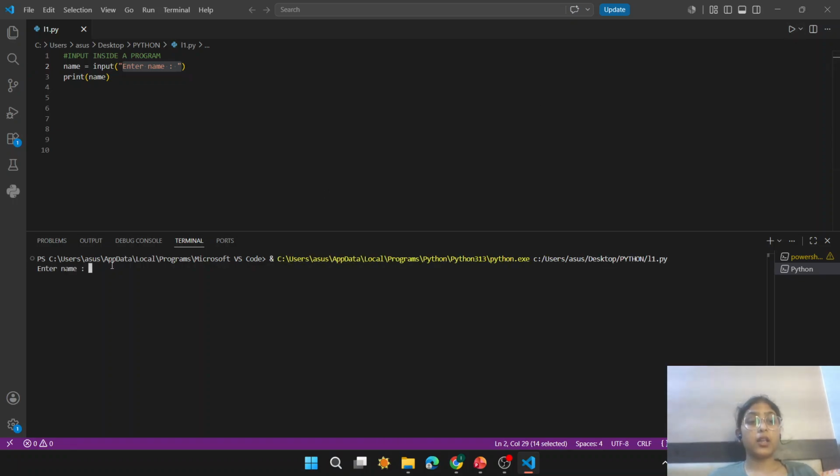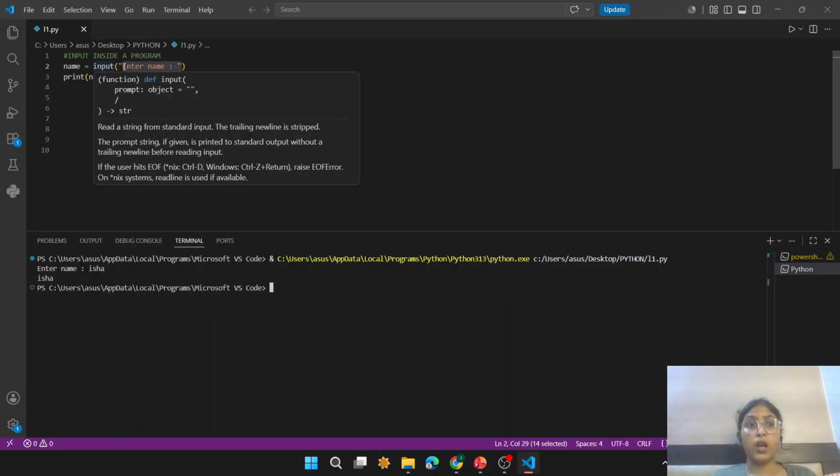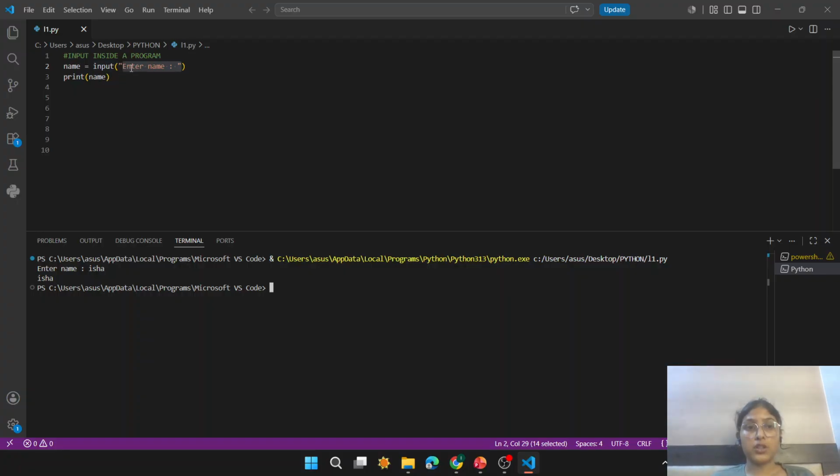Okay, it is asking me to enter my name, Isha, and then it will print whatever the name is, that is Isha. This is a simple program. I'm telling you how to use this input function. Whatever you write in the string will be displayed as the message, then you will enter your input and that input will be printed. So this is how the whole thing works.